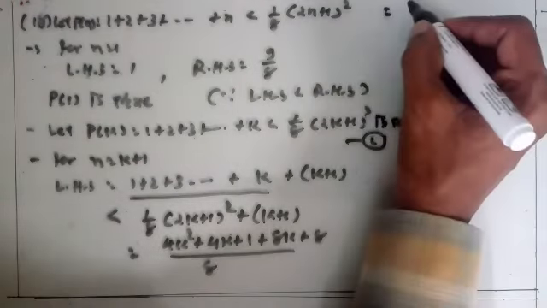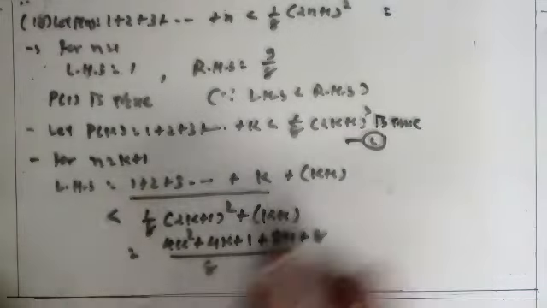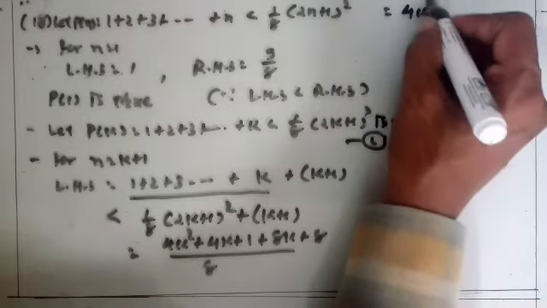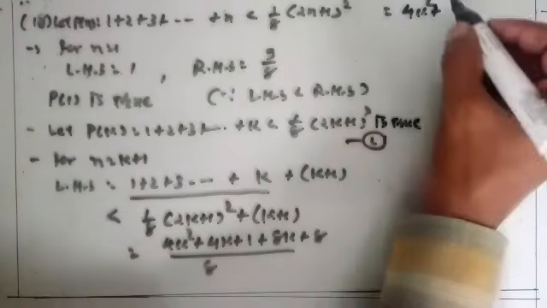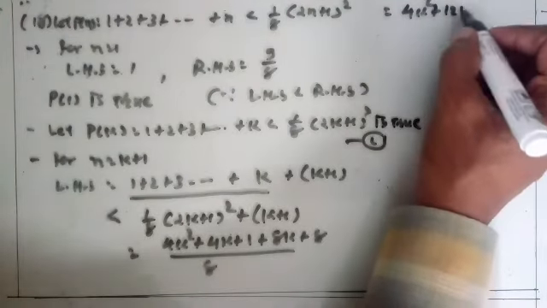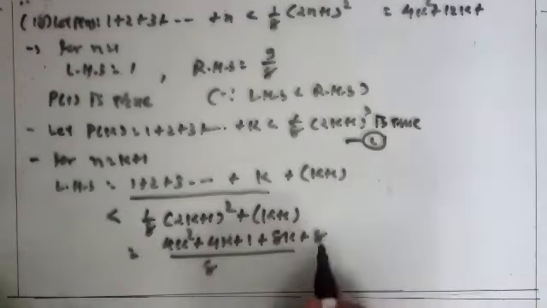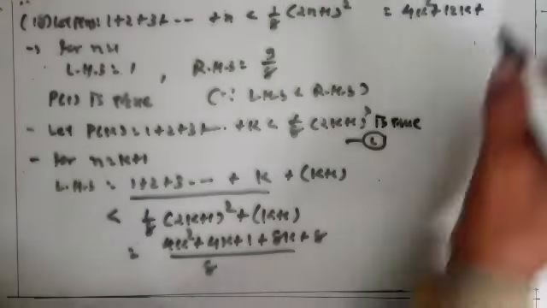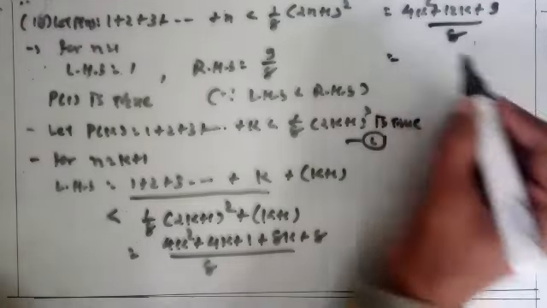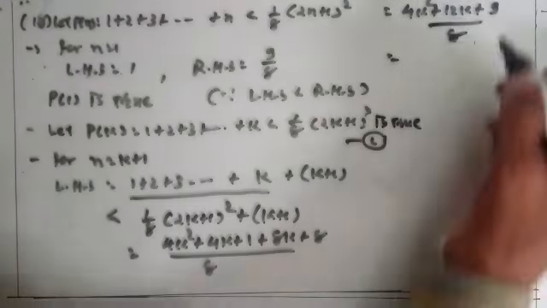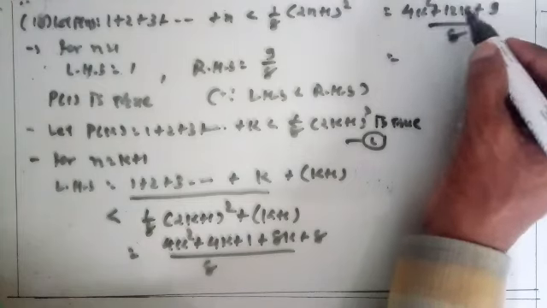So here we get 4k² + 8k + 4k becomes 12k, 8 + 1 becomes 9, upon 8. Okay, and here 4k² + 12k + 9.